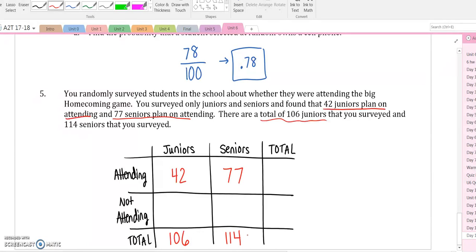And then just by subtracting, we can fill in our missing pieces here. 106 minus 42 should be 64. And 114 minus 77 should be 37. And then if we add straight across, we can get our final totals over here. So 119 and 101. And then our final total, just add 2 of those total numbers, so 220.